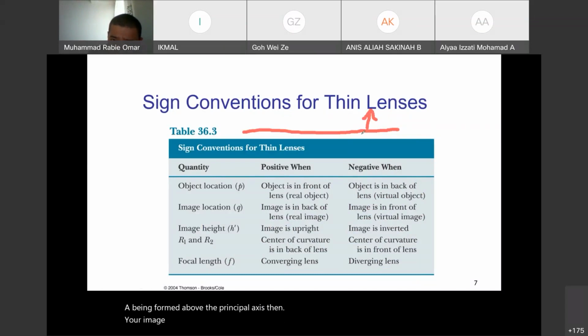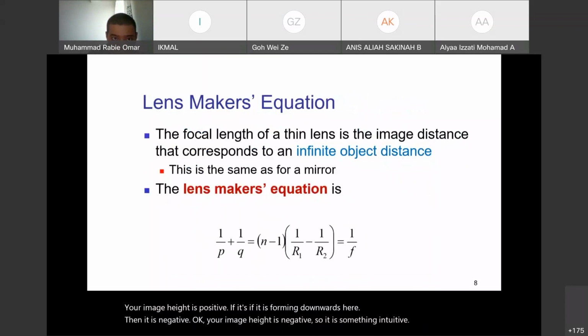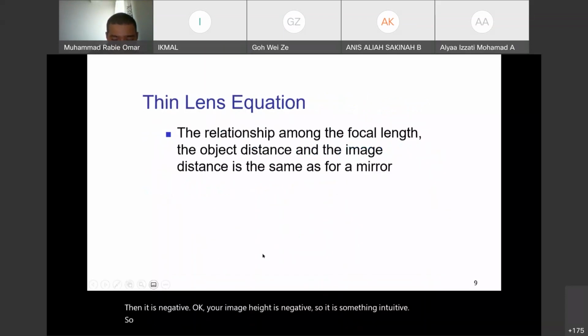If it is forming downwards here, then it is negative. Okay, your image height is negative. So it is something intuitive. So I'll introduce you to these equations, this guy as well as this guy, during the next coming lecture.